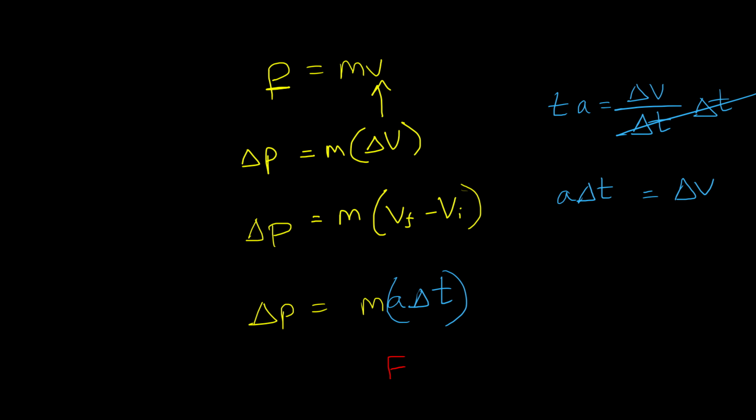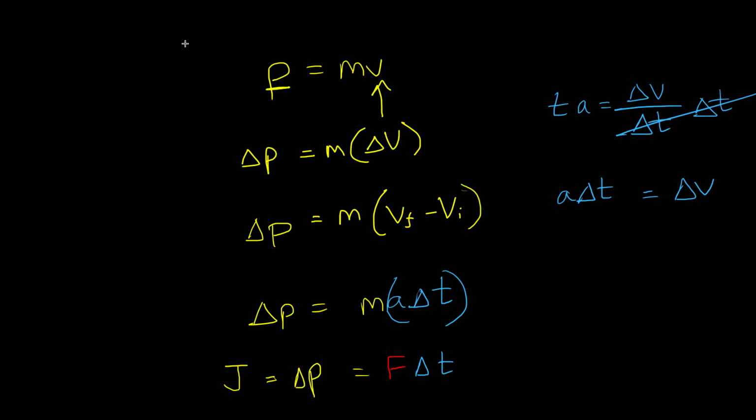And if we just bring down the change in time, then we have set up a new equation that looks something like this: force times the change in time, which essentially, when you put these two together, constitutes the change in momentum. But more importantly, this constitutes a new term that we are going to introduce as impulse.